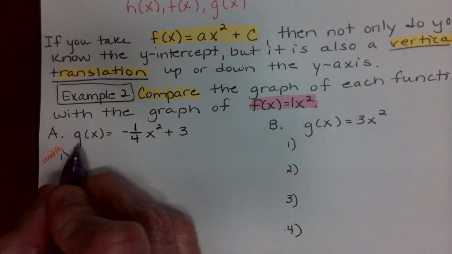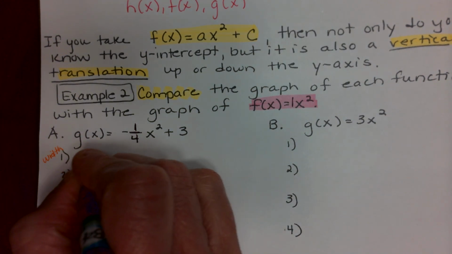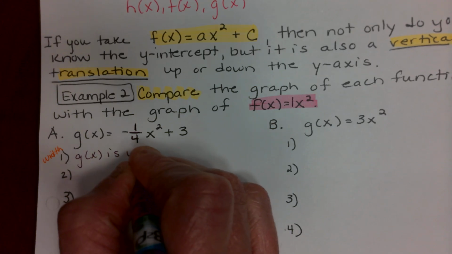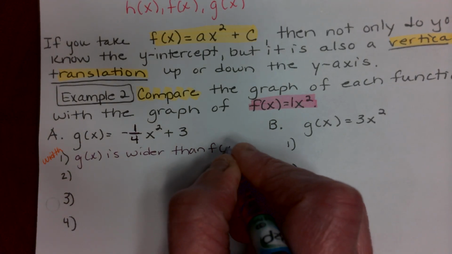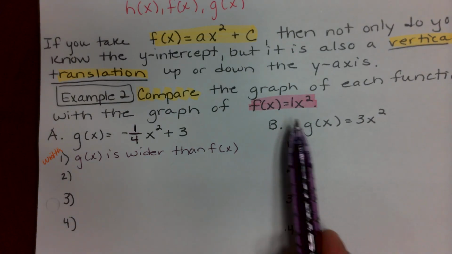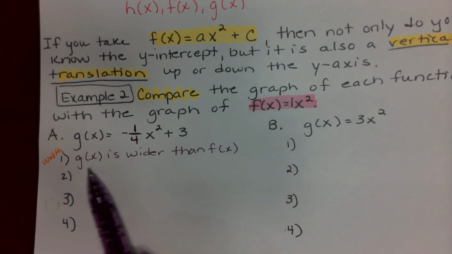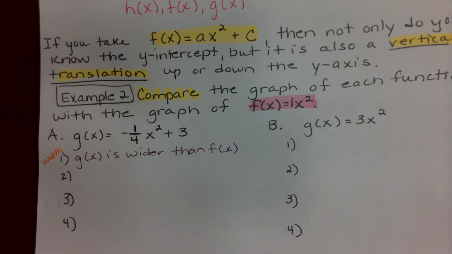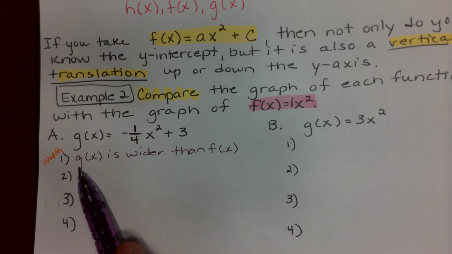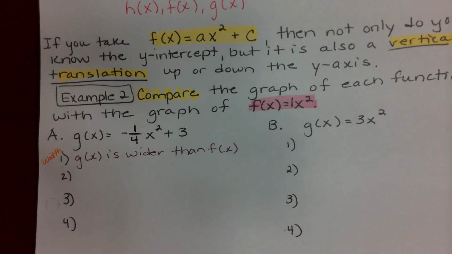So we would literally use the letters and say g of x is wider than f of x. Because if you are comparing two different graphs, you need to mention both graphs in here, right? What's another way you could have written that? F of x is narrower than g of x, right? That would have been fine as well.